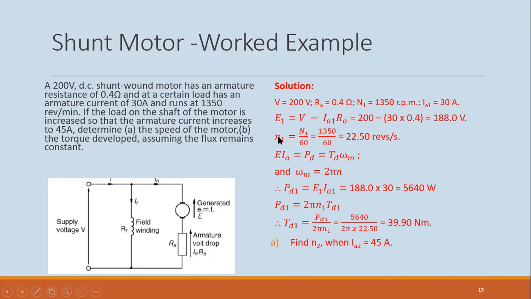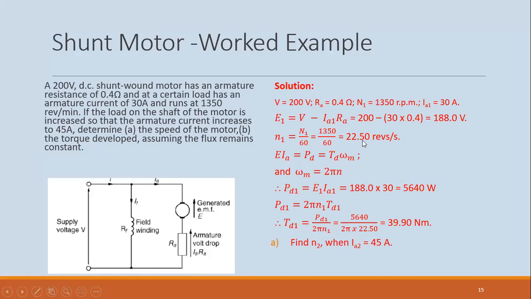And N1, so we're going to call the values that we're working with in the first case, ones. So N1 would be the original speed in revs per minute divided by 60.